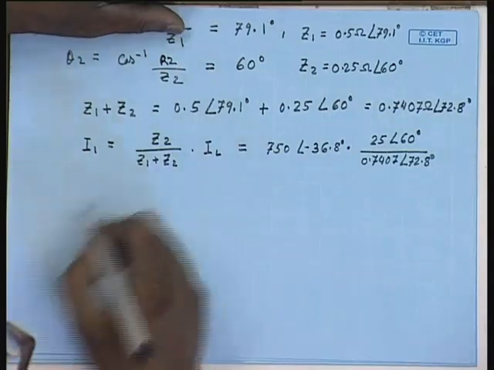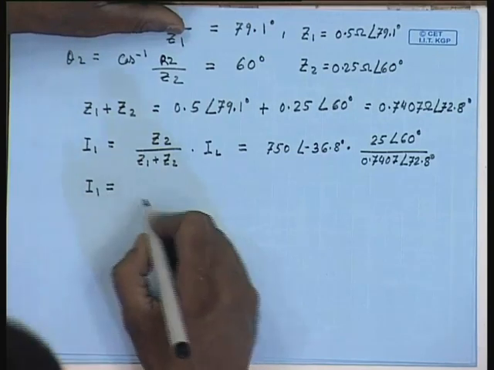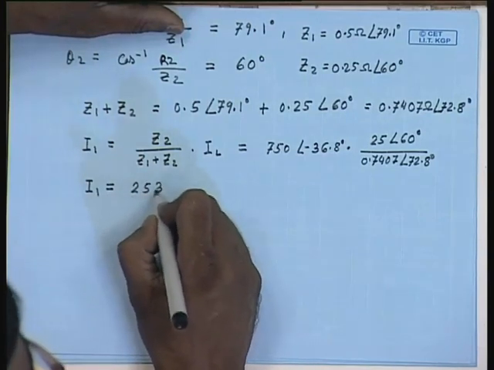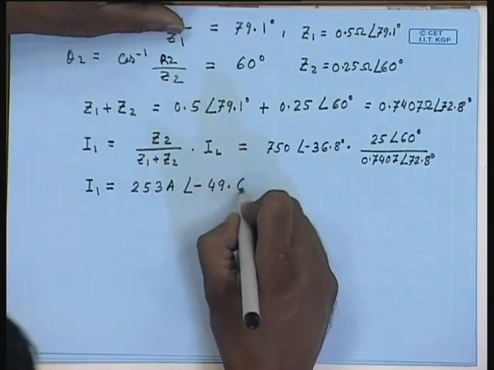This gives you the current I1. So, I1 equal to 253 amperes, angle minus 49.6 degrees.